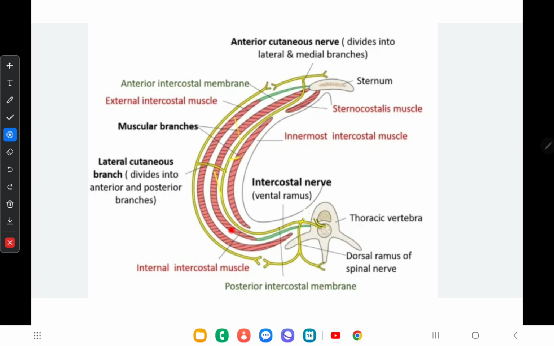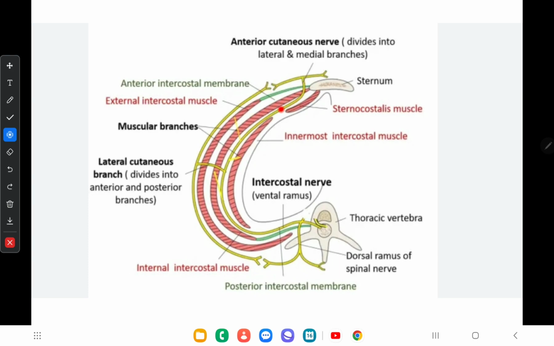Then, in the middle of the course, the nerve lies in between the second muscle layer and the third muscle layer. That means the internal intercostal muscle and the innermost intercostal muscle. Then, closer to the sternum, as you can see here, the nerve pierces the internal intercostal muscle and the anterior intercostal membrane and goes anteriorly.